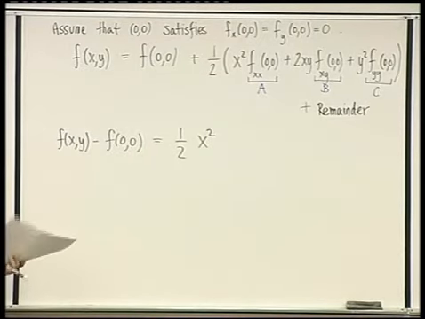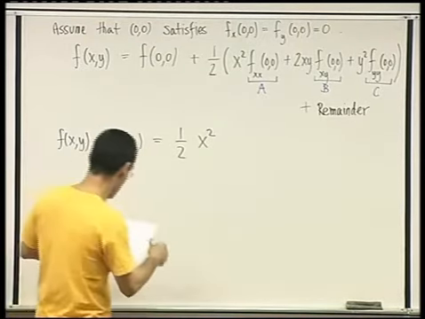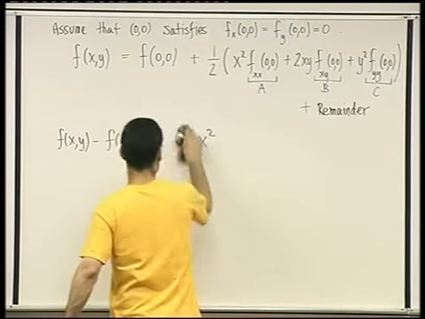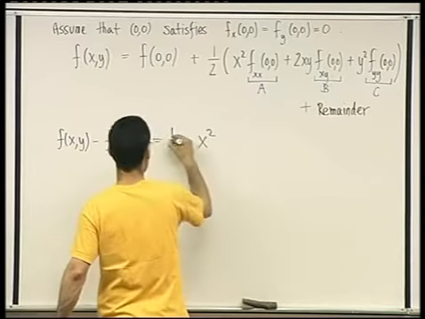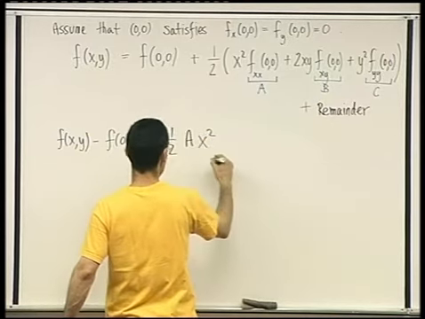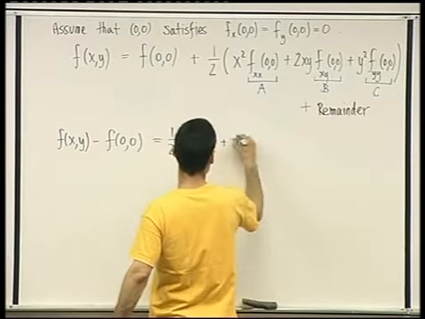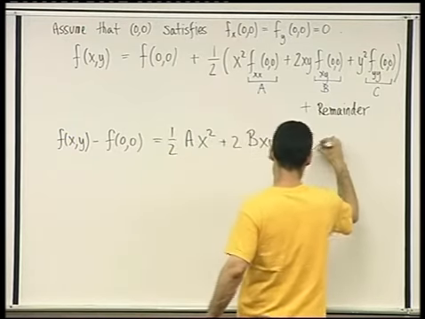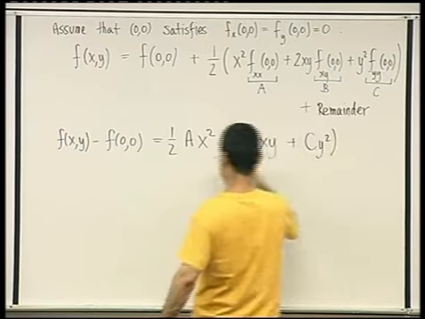Okay? So what I get here is 1/2. Let's write it like this: 1/2 (a x squared plus 2bxy plus c y squared).